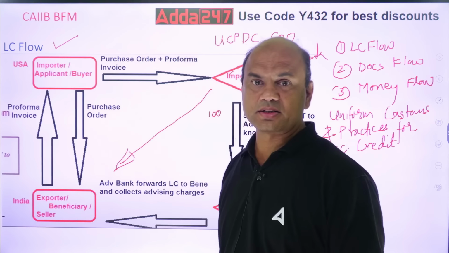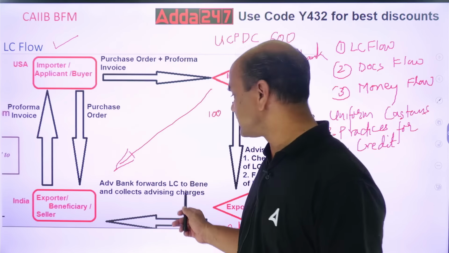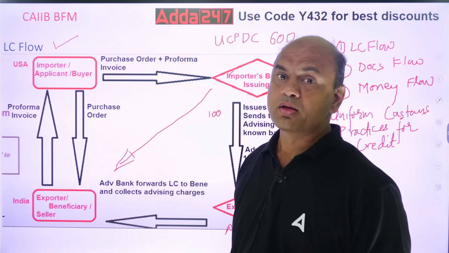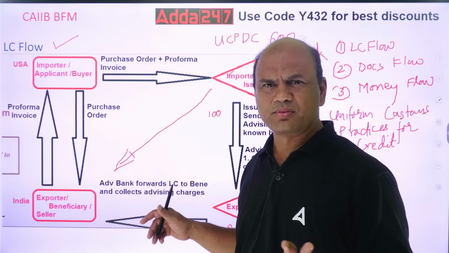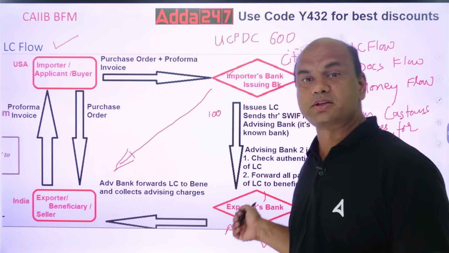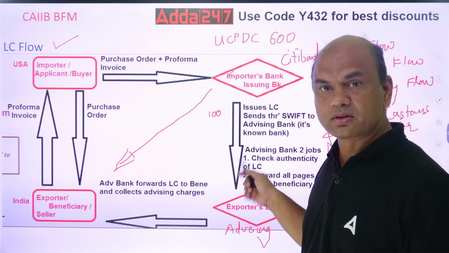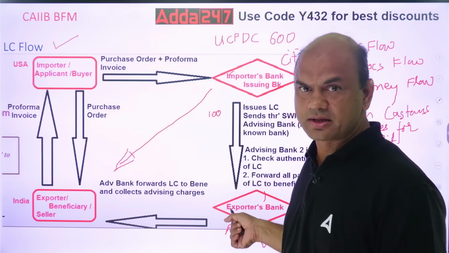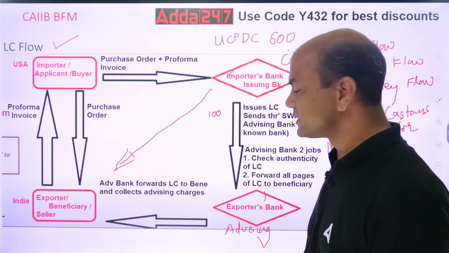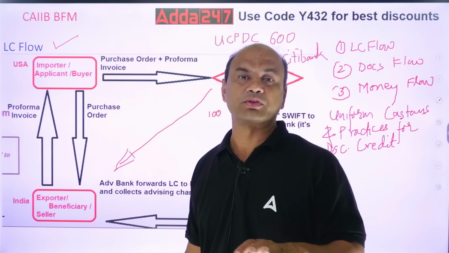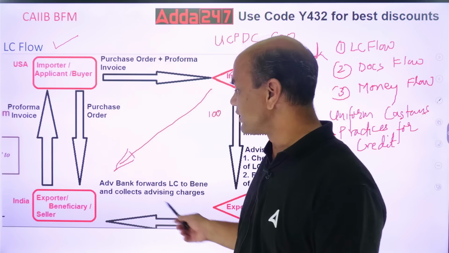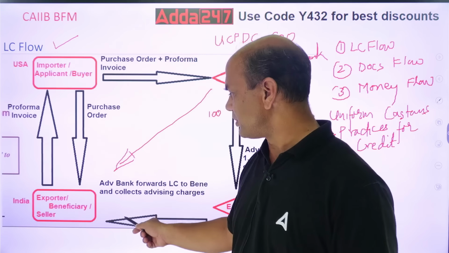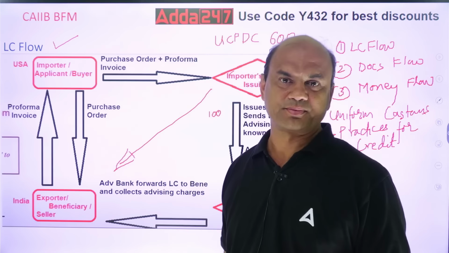Kindly note, advising charges here means courier charges, simple, because it has taken efforts: printing it, checking the authenticity, checking the completeness of the document. These efforts need money. Nobody works for free. So this bank will give the document and collect advising charges from the seller.